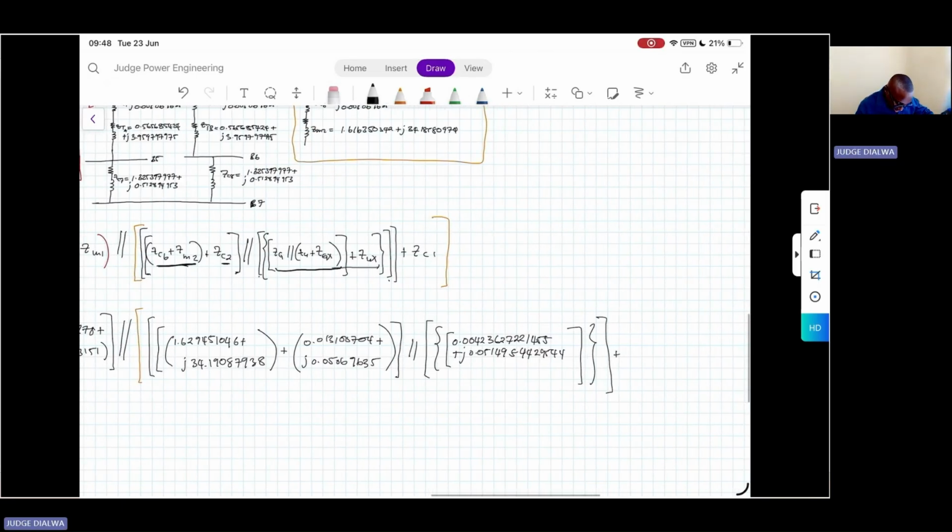So this will be in series with the impedance of cable 1, which is 0.0131007 plus j0.0050696063635.